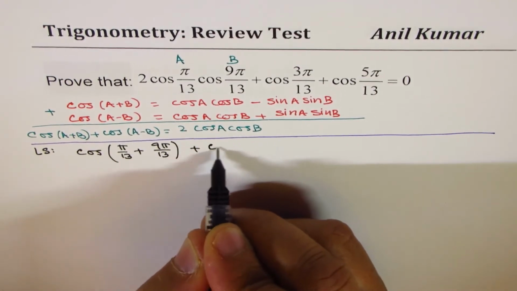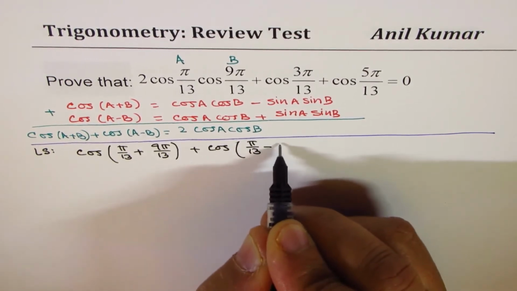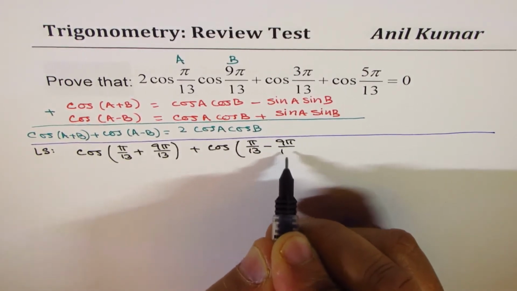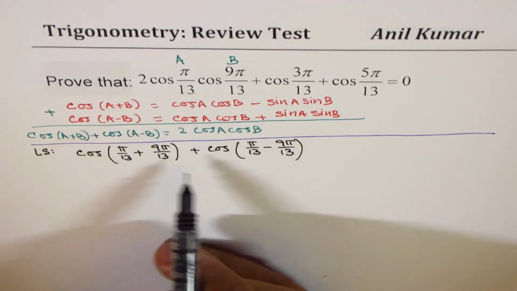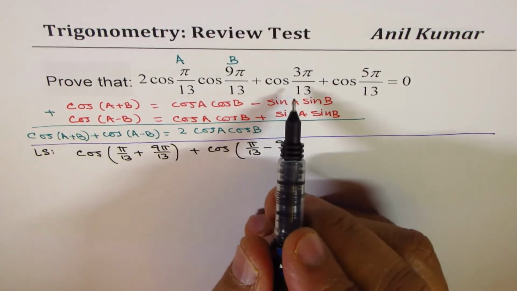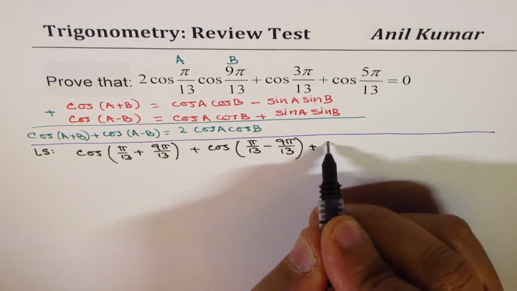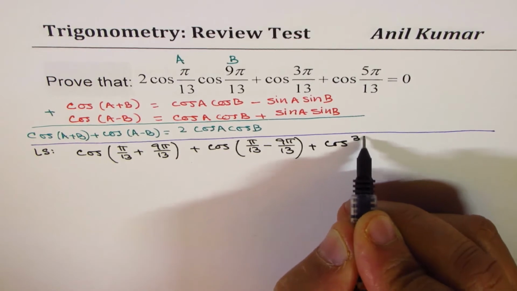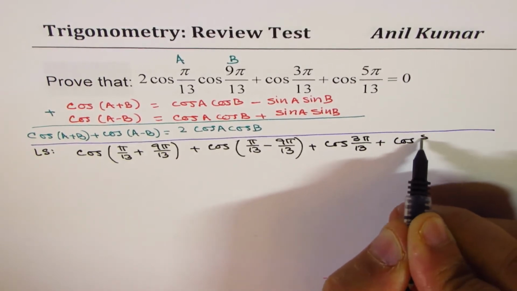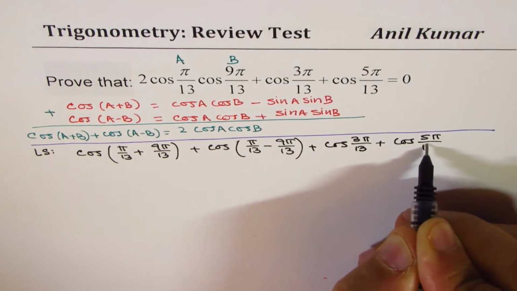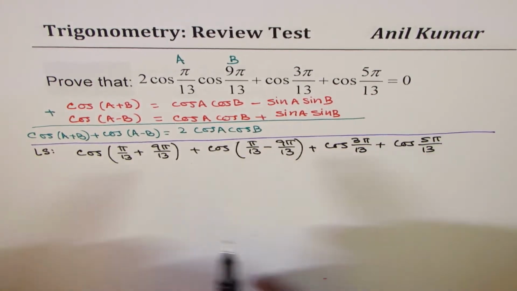Plus the difference of these, which is cos(pi by 13 minus 9 pi by 13). So with that, I have replaced the product as sum. So it's reverse, right? And I'll maintain this portion as such, which could be written as cos 3 pi by 13 plus cos 5 pi by 13. We have to show that this is equal to 0, correct?